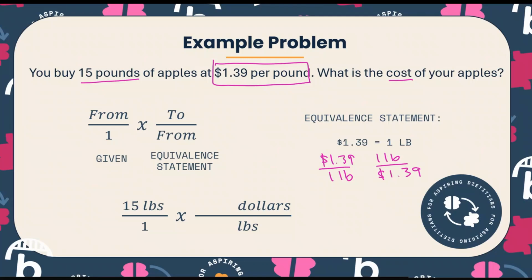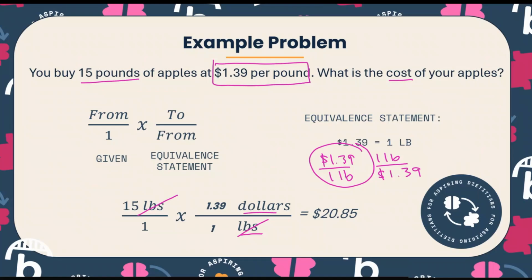They mean the same thing, but since we want dollars on the top, we need pounds on the bottom, we'll use this equivalent statement right here. Every pound costs $1.39, so if we need 15 pounds, that's going to run us $20.85. That's it. No need to overthink these. You identify the units, you apply the equivalents, and then the math just follows.